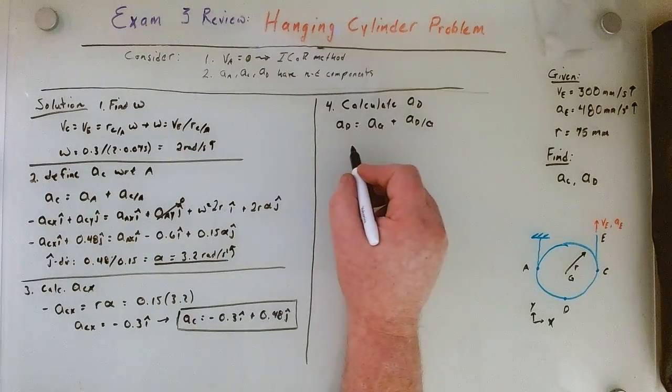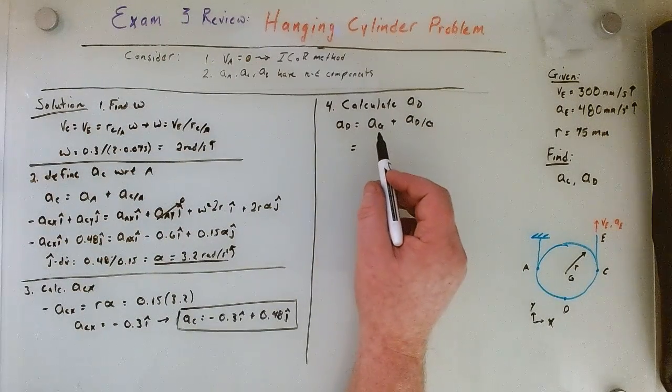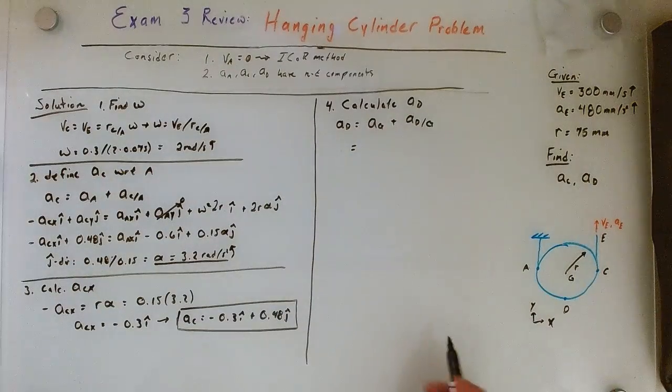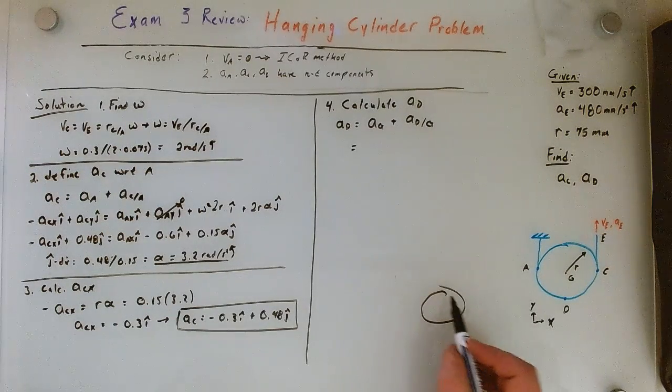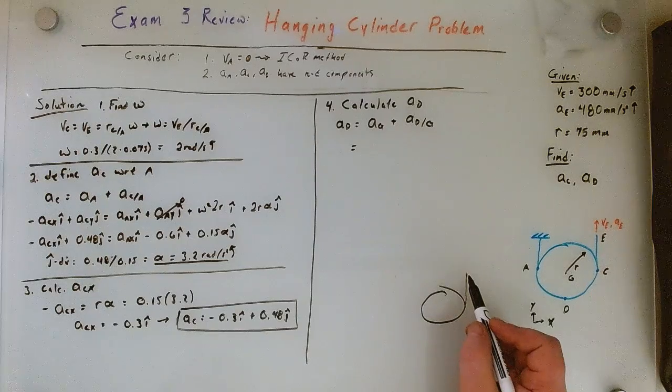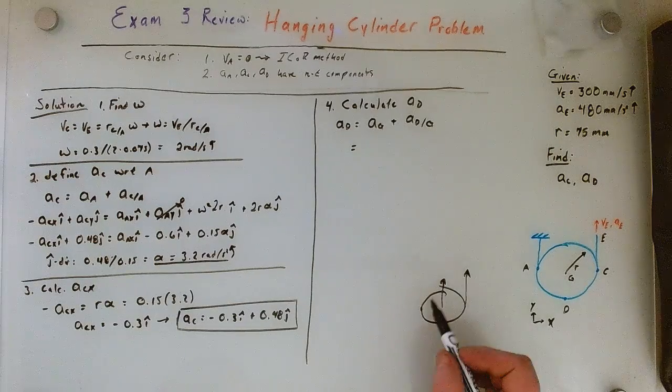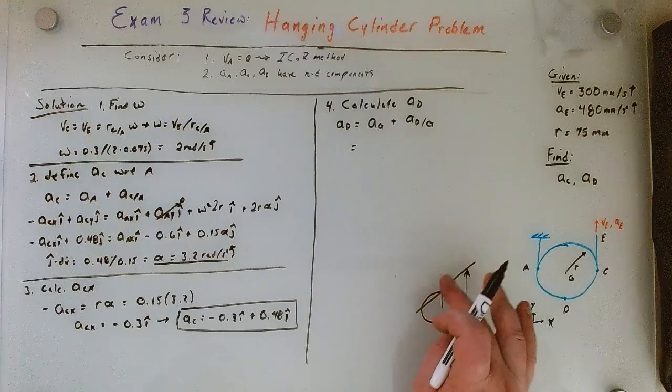So let's see, what is A sub G? Well, that is accelerating upward, and back to this idea of the instantaneous center of rotation, we can think of it like this, right? From A, just draw a straight line there. Wow, I really overshot that.